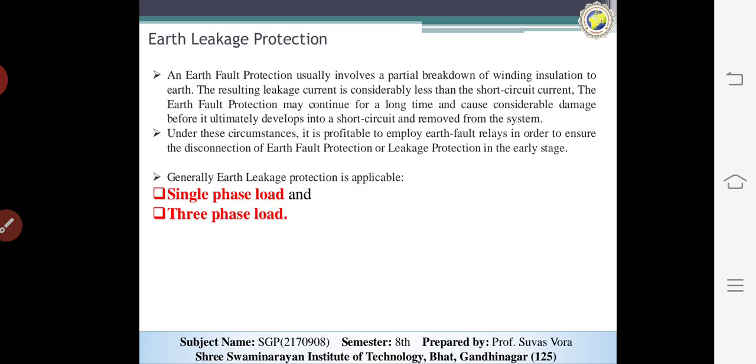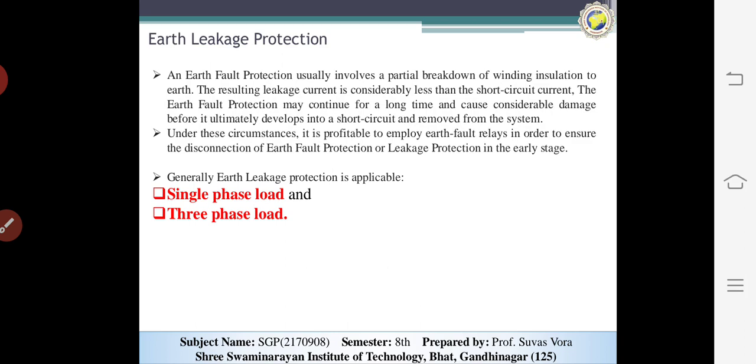Now, an earth leakage fault usually involves partial breakdown of winding insulation to the earth. The resulting leakage current is considerably less than the short circuit current, and the earth fault may continue for a long time and cause considerable damage before it develops into a short circuit and is removed from the system.